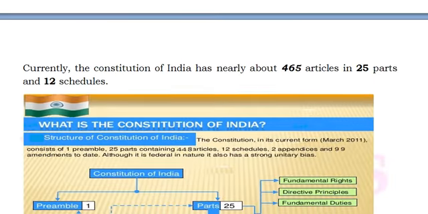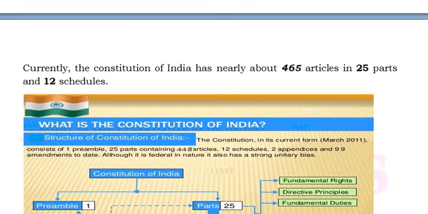Yes, friends, as I said, the constitution had 395 articles in 22 parts and 12 schedules. Our constitution is presented in such a way that it can be amended to represent the needs of the people. So it was amended many times, and some articles were added. Then the number of articles came to 465, the number of parts increased to 25, and the number of schedules is 12.